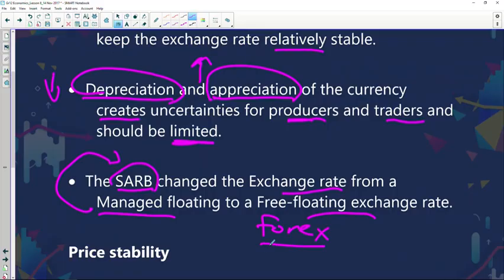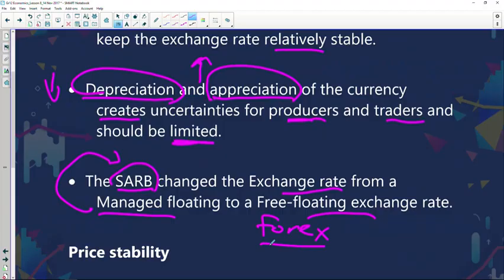So now we've moved away from the managed floating into a free floating exchange rate, which is guided by the forex markets. Okay, and the forex markets will then determine the exchange rate based on supply and demand.